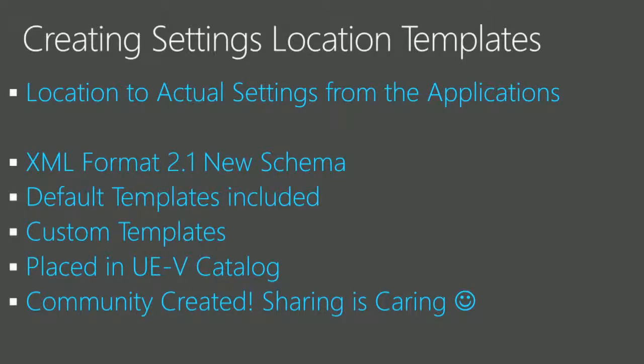Once you install the agent, there's a number of default XML templates provided for you. It will be default Windows settings, and Office 2007, 2010, and 2013 are supported, depending on which version you're using. 2.1 really just supports 2010 and 2013.